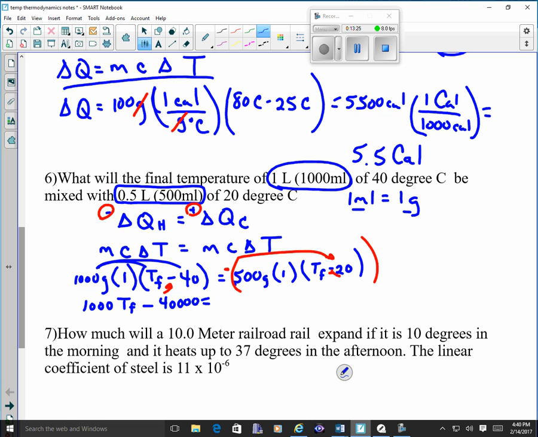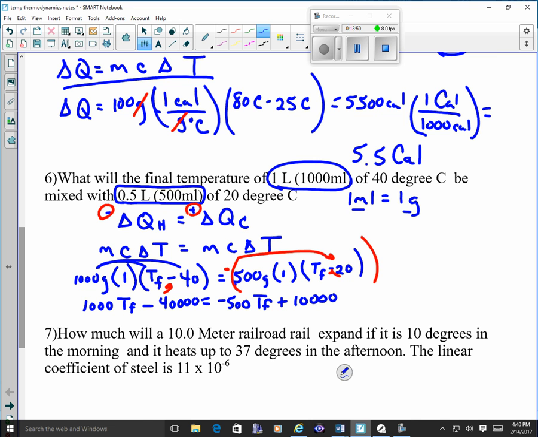Equals, now remember this is not going to be a positive 500, it's -500 times TF. And then you distribute to the next one as well, -500 times -20. That gives me a positive 10,000. Hope I did that right. Yeah, positive 10,000.